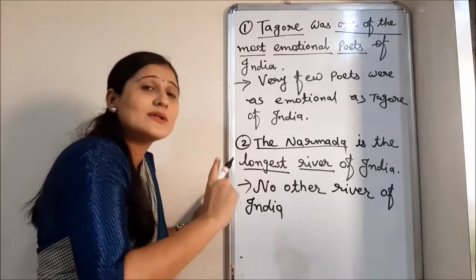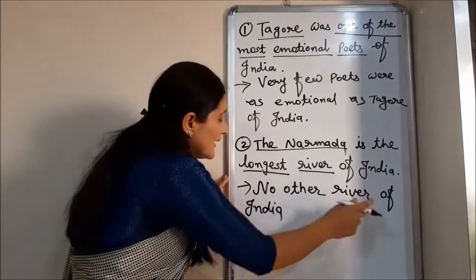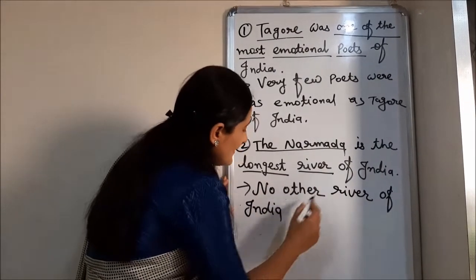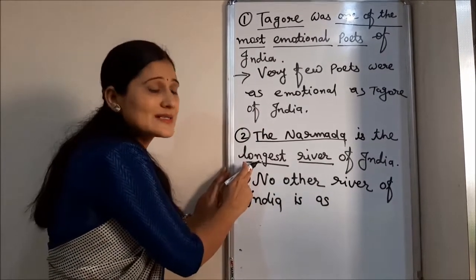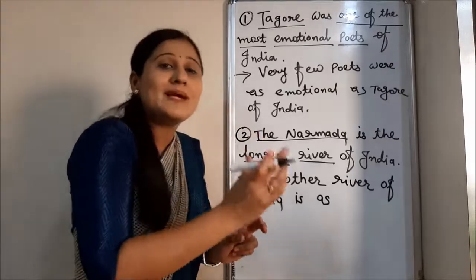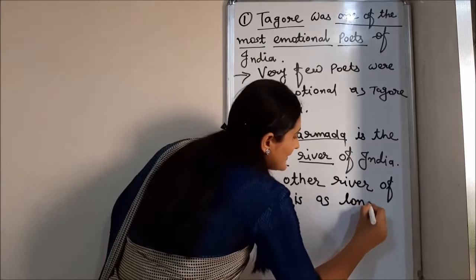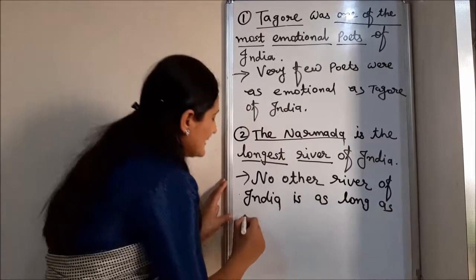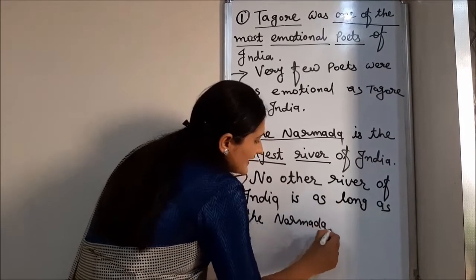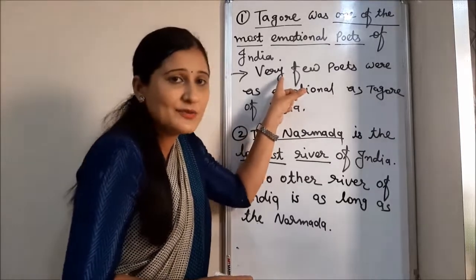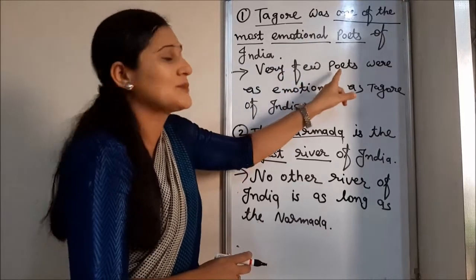I told you, with no other, so adjective as, and with very few, as adjective as. So no other river of India is as, adjective as. Where is the adjective? Longest. So here we need to write adjective plus as. As long as the Narmada. See, here I have used very few, here I use no other, because for one of the we will use very few plus plural noun.